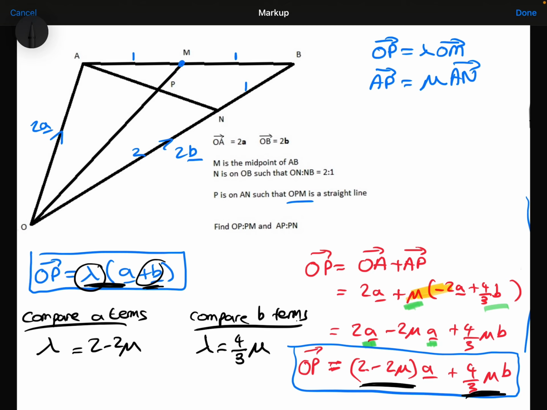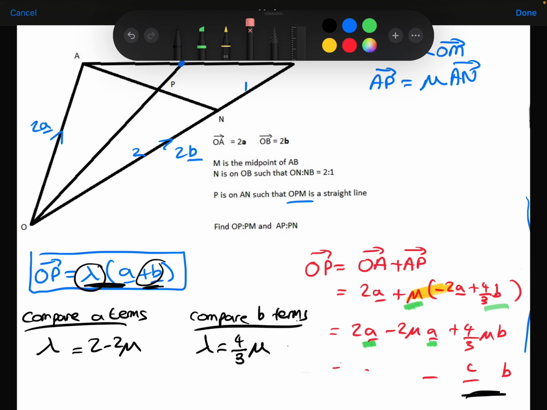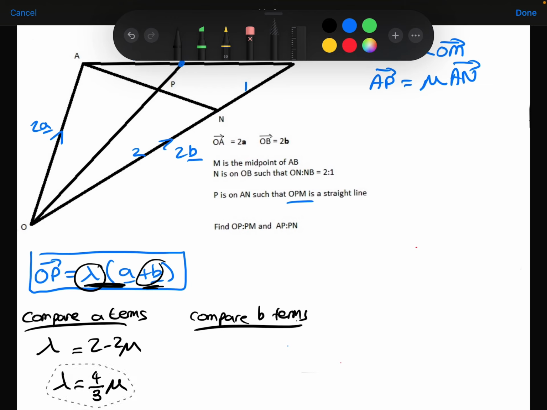Right, notice that we have simultaneous equations to solve here to work out what lambda and mu are. Let me just create a little bit of space so I can solve these simultaneous equations. And then, once we know lambda and mu, we'll hopefully be able to answer the question.